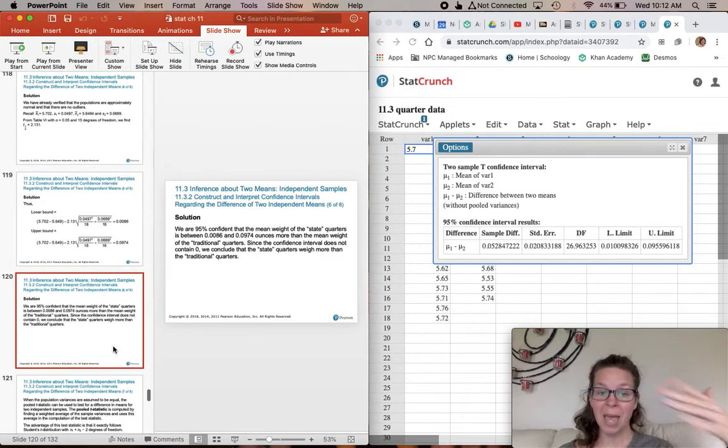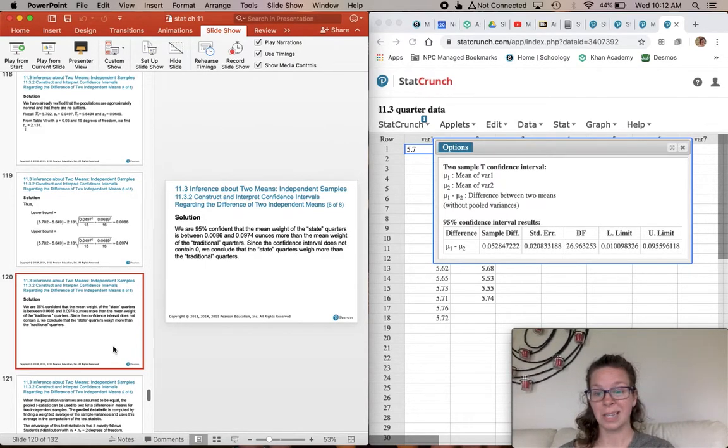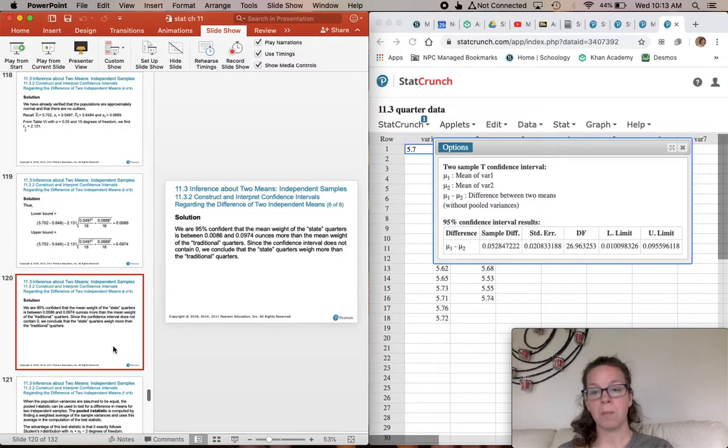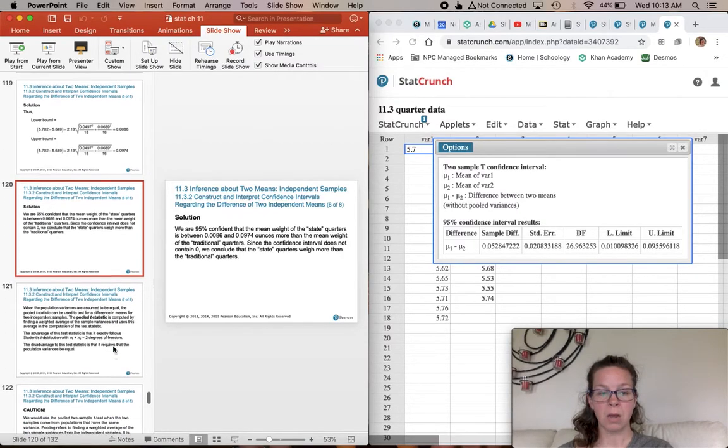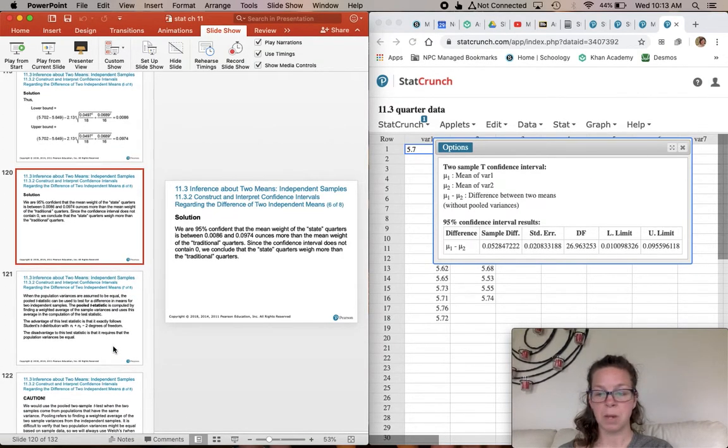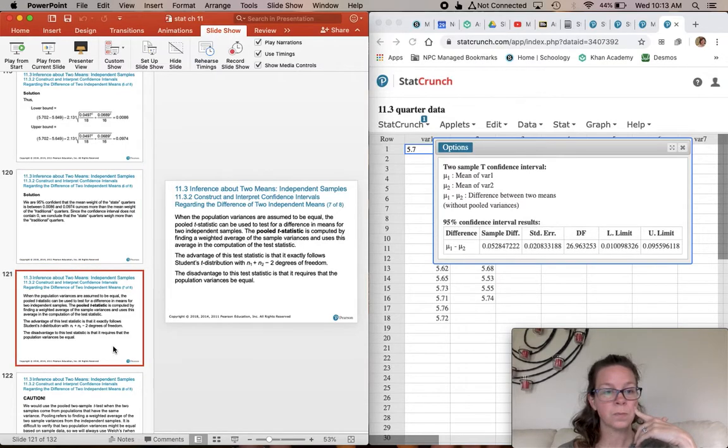And so as they're making a lot of quarters, is it like costing us more to make these state quarters? How much more would it be costing? We would need some more information on that. How many are they producing and how much does the metal cost and all of that. So, I mean, there could be a practical significance here, but as far as the weight in my pocket is concerned, it's not really a practical significance.